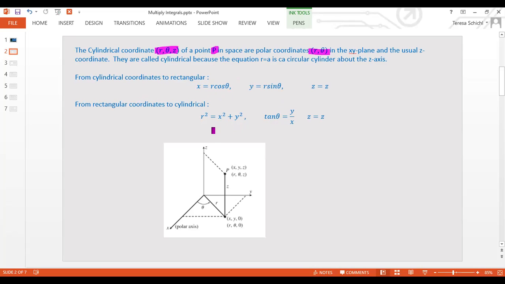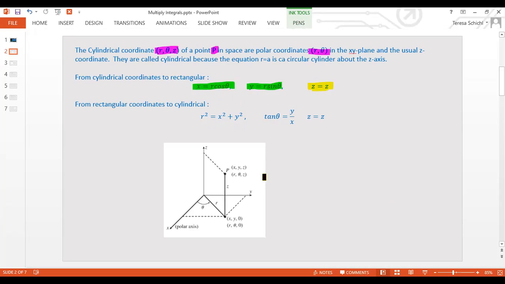Because xy are polar, we have the same definition as we did for polar: x equals r cosine theta and y equals r sine theta. Then we add one more coordinate, z equals z.